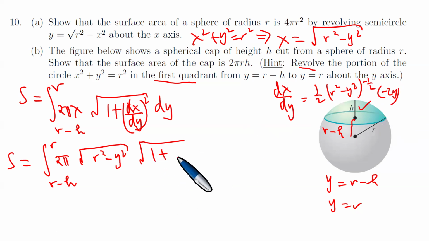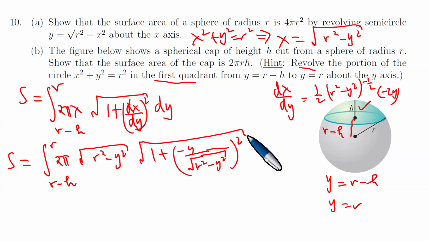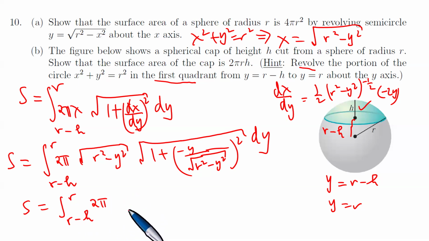The 1/2 and the 2 cancel, so it's minus y divided by the square root of r squared minus y squared. This squared, dy. So now you have the integral from r minus h to r, then you have 2 pi.